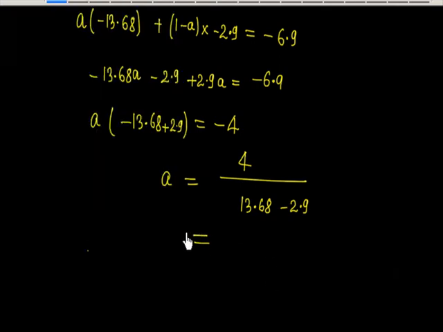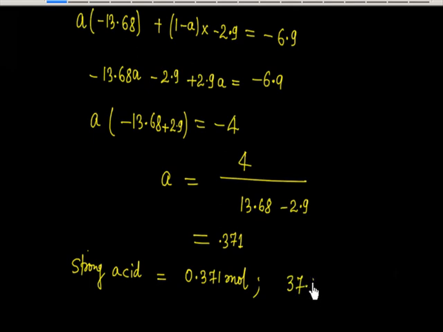So a is 0.371, so around 37%. So a strong acid is 0.371 mole, or in terms of percentage, I can say this is 37.1%. If you subtract from 100, you will get the weak acid.